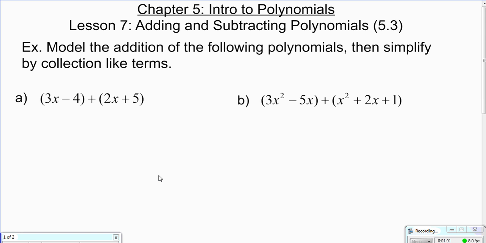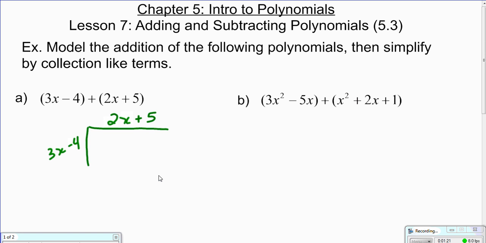So when we look at this first example, we have 3x minus 4, and we have 2x plus 5. So what that could be is maybe we're looking at two side lengths, and we're going to add them up. So we have a length of 3x minus 4, and we have a length of 2x plus 5.